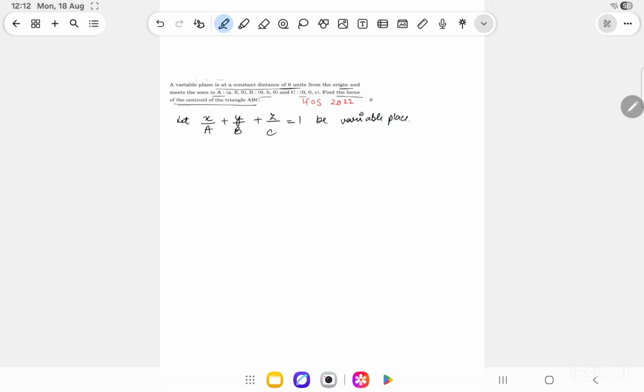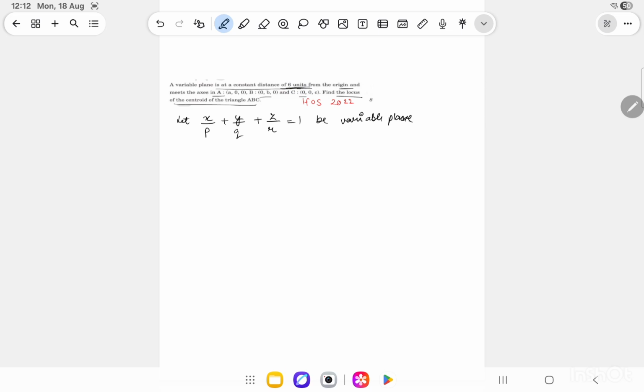Here I have taken capital A, capital B, and let us take something else, because A, B and C are already given as coordinates. Let x by P plus y by Q plus z by R equals 1 be the variable plane. It is given that it is at a constant distance of 6 units from the origin.